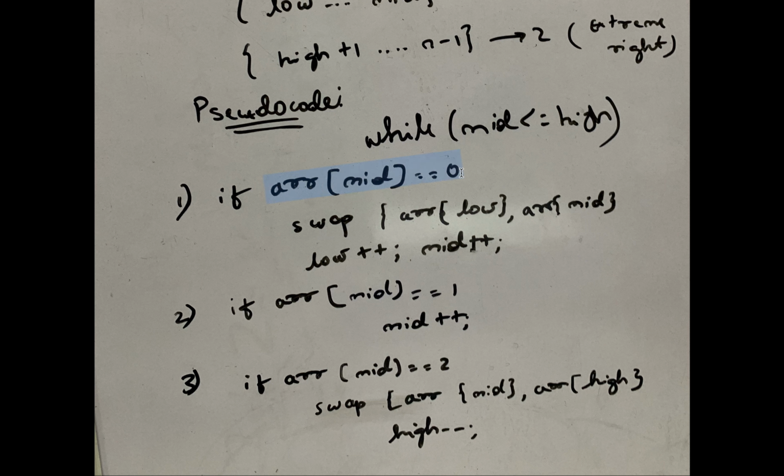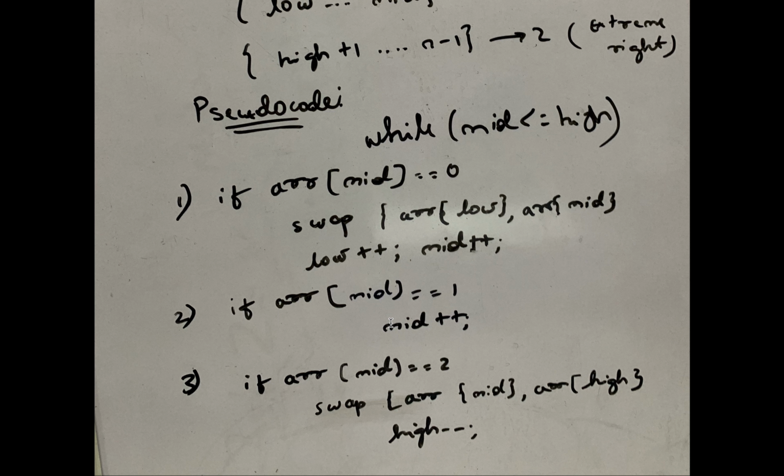If it is 0, we swap low and mid and increment both of them. If the number is 1, we only increment mid. No swapping will happen in this step. And lastly, if the number is 2, we swap mid and high and decrement high. So this is the algorithm; you have to remember these steps.